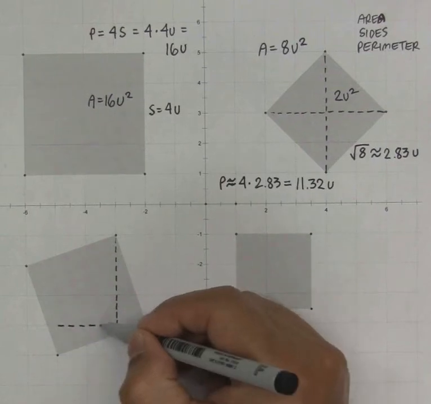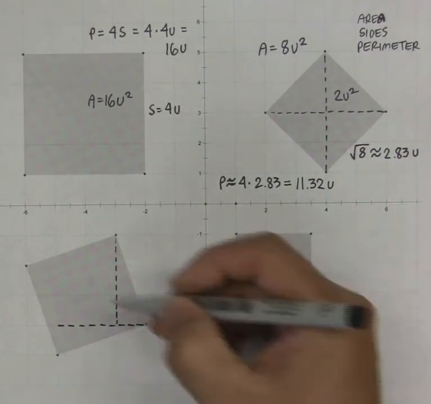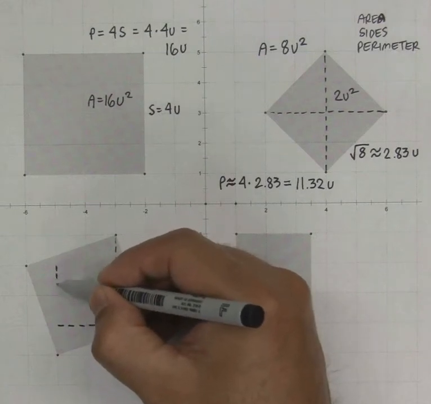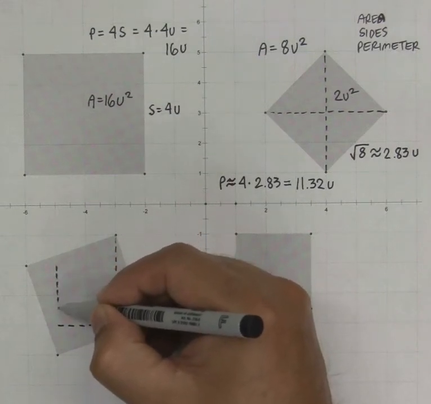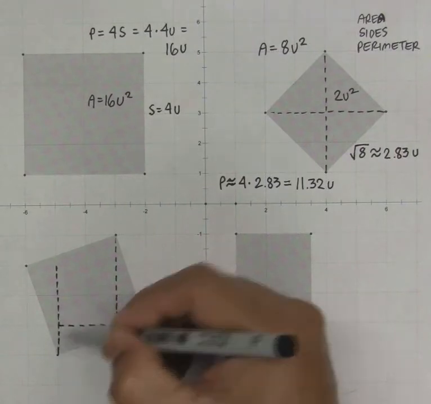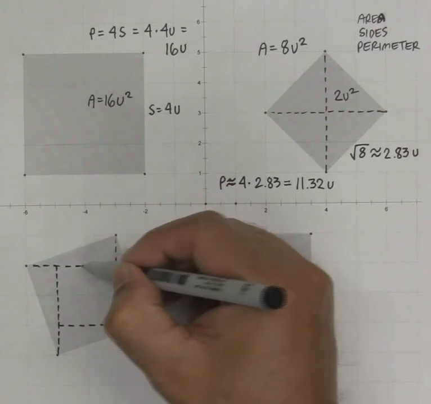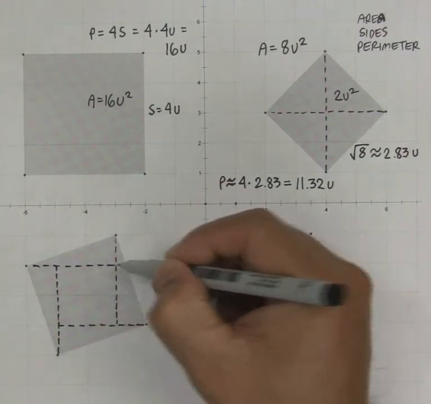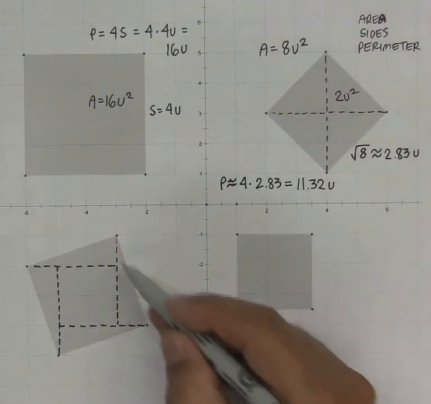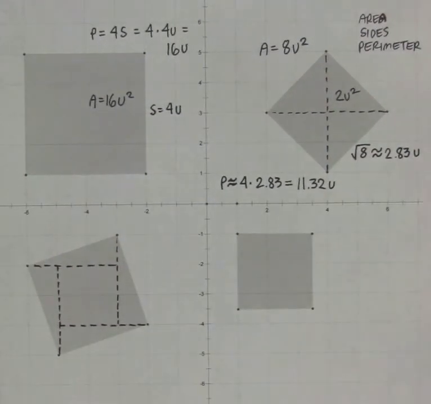I'm going to divide it into triangles because triangles are easy to find the areas of. So I have 4 triangles that are the same and a square in the center.